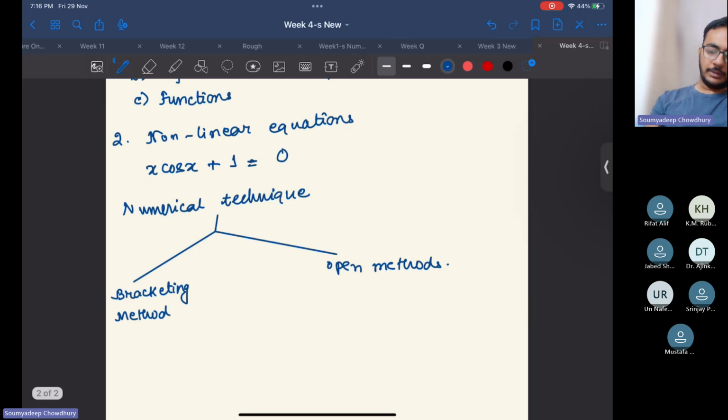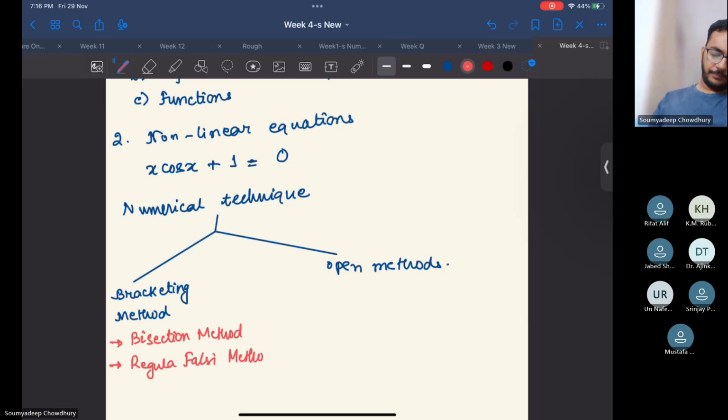So in bracketing methods, we have two types of methods. One is called the bisection method, and the second is the regula falsi method, or it is also known as the method of false position.